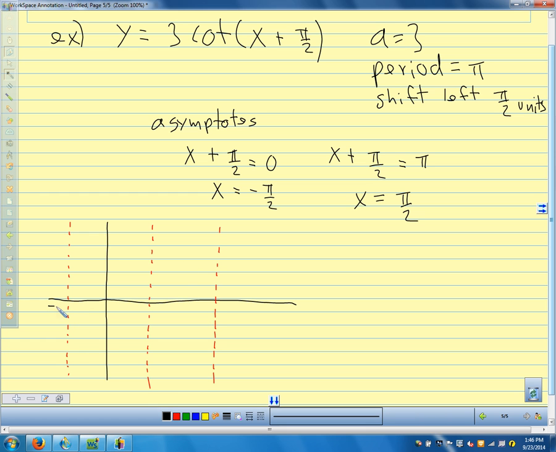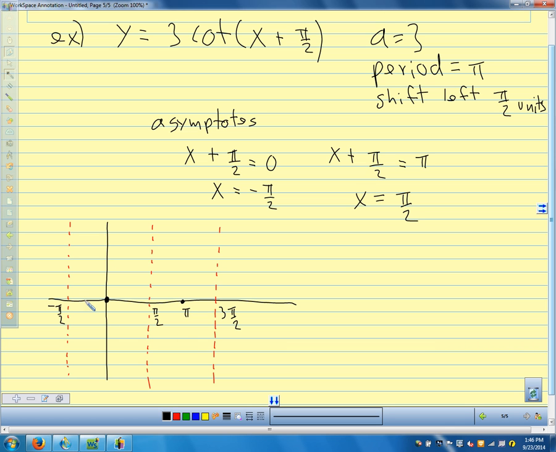So we're at negative pi over 2, and our period is pi, so pi over 2 plus pi is 3 pi over 2. We're going to get an intercept here at 0. We're going to get an intercept here halfway between pi over 2 and 3 pi over 2, which is at pi.